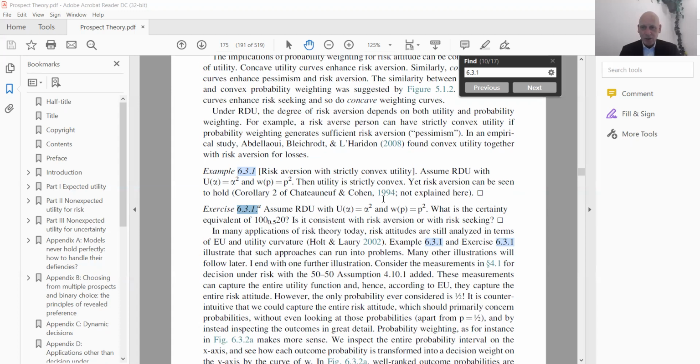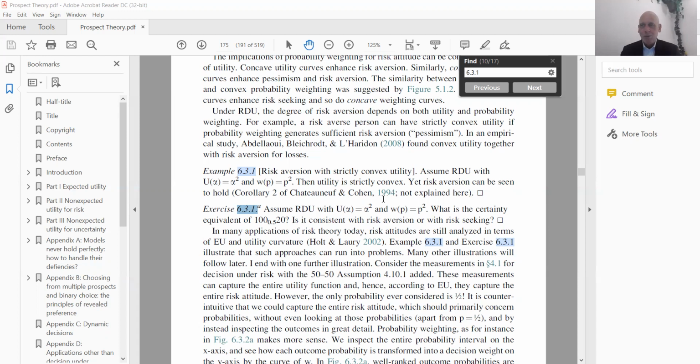But you also have to watch out in this exercise. I hope you will never forget that utility alone, of course, does not determine risk attitude. Here we have a situation where you have risk aversion, but utility is not concave, utility is strictly convex. That can happen. And this trivial fact signals a big misunderstanding going on in the literature in economics and even more in finance.